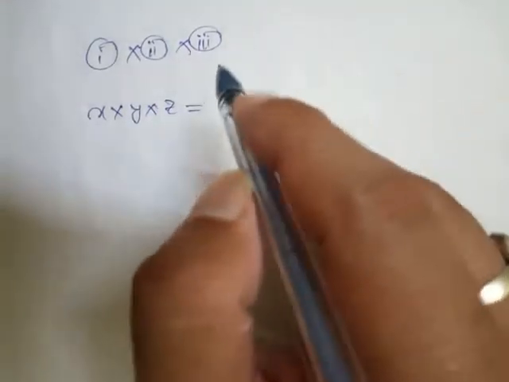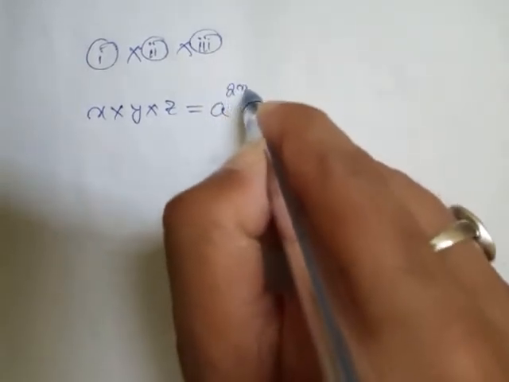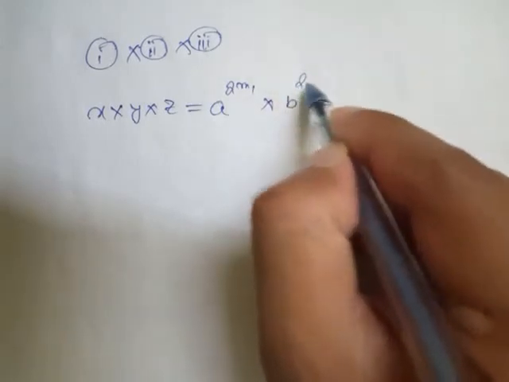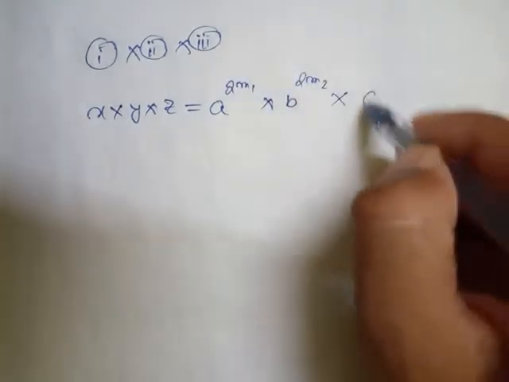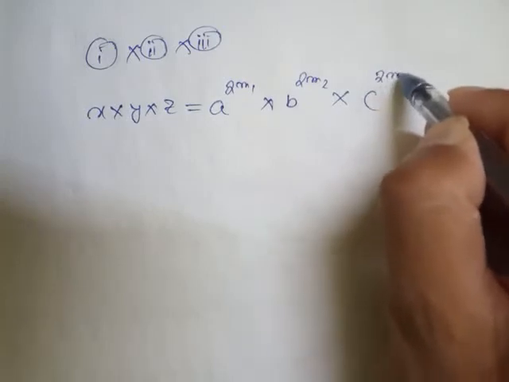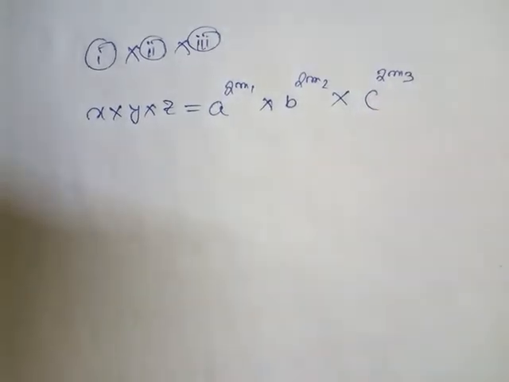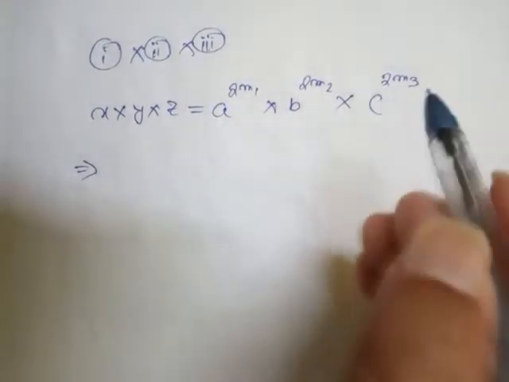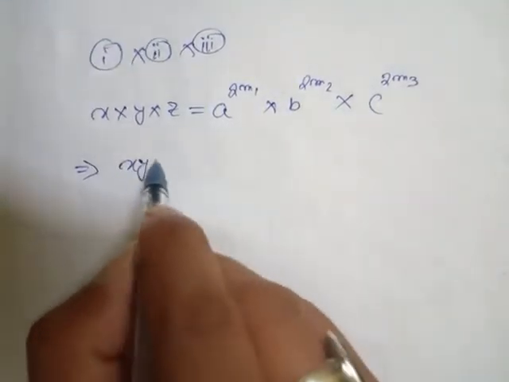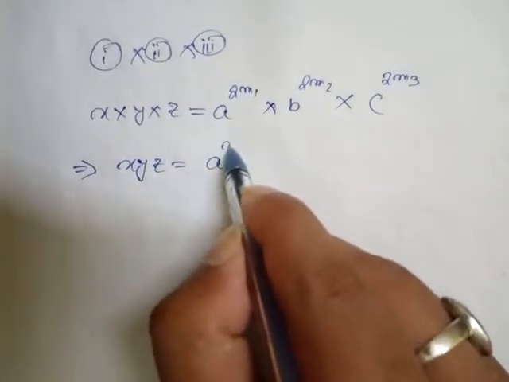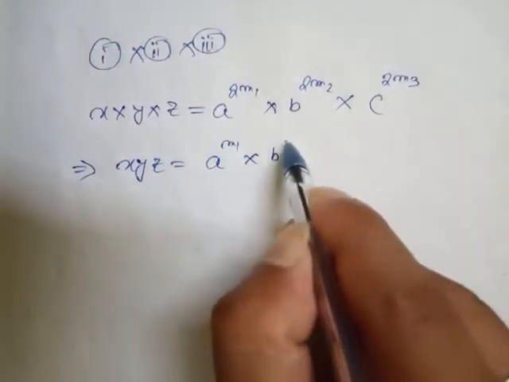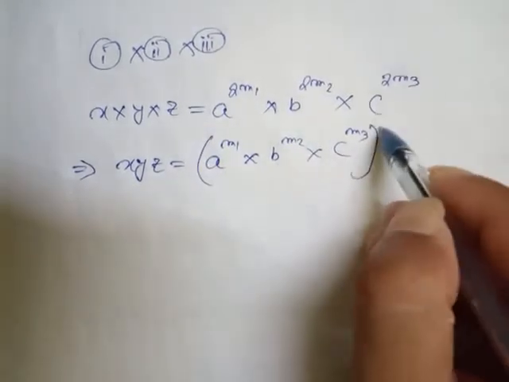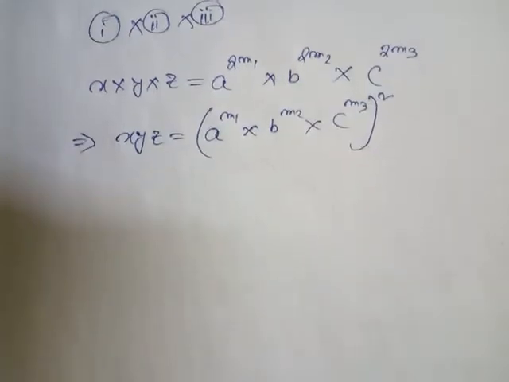Then x is a to the power 2m1 into b to the power 2m2 and c to the power 2m3. Now student, here if I take 2 common from here, then xyz will be here, and a to the power m1 into b to the power m2 into c to the power m3, and a whole square.